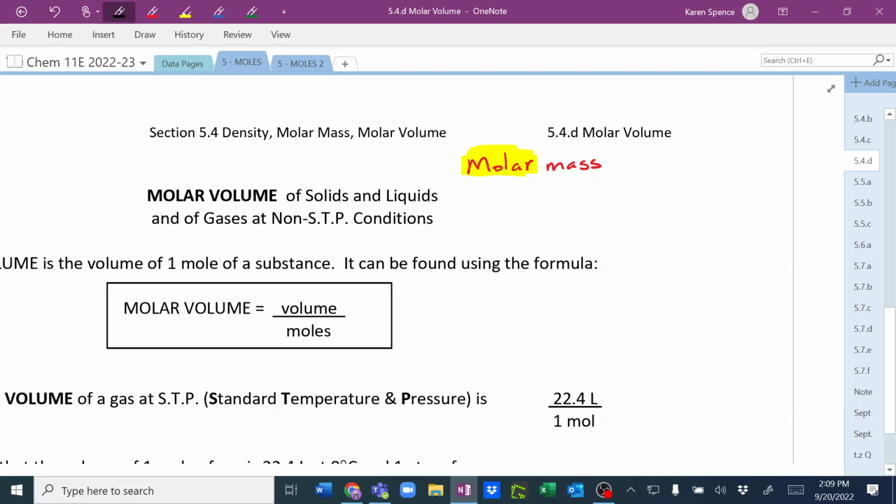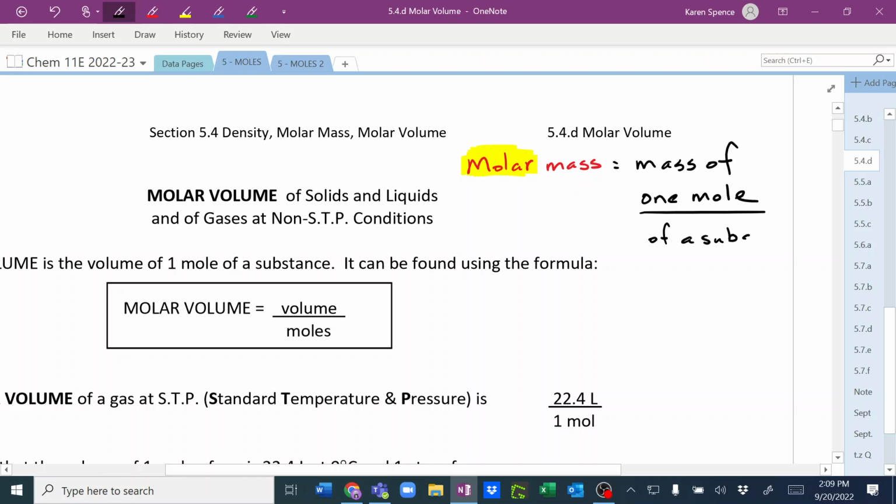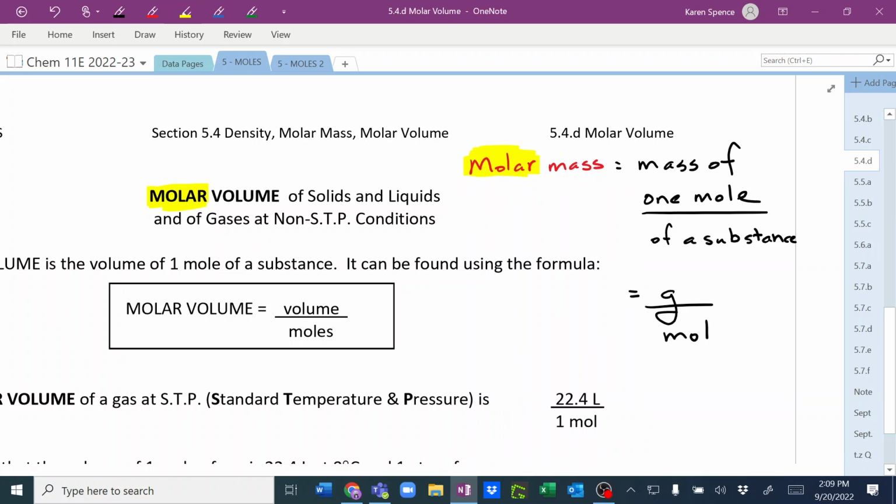It is the mass of 1 mole of a substance, and it is measured in grams per mole. What do you think molar volume means? Volume of 1 mole of a substance.